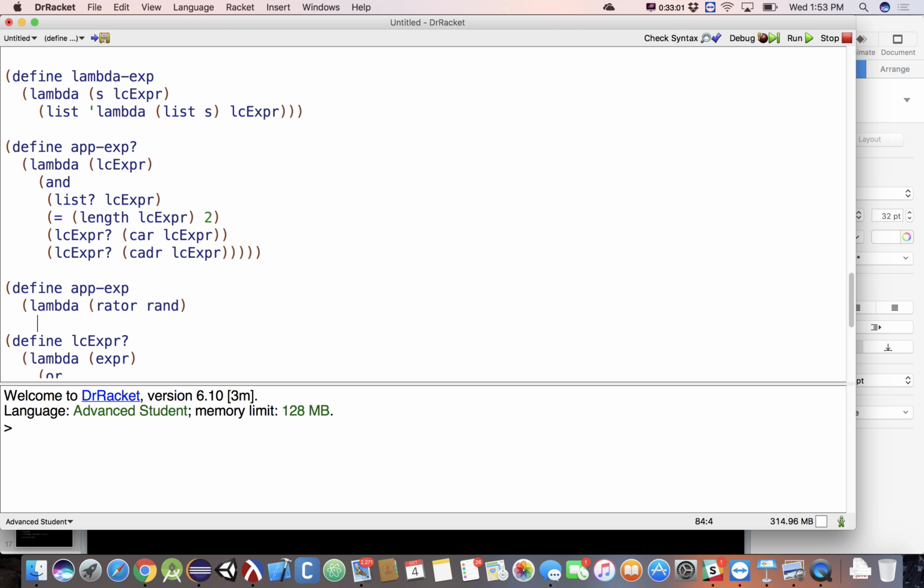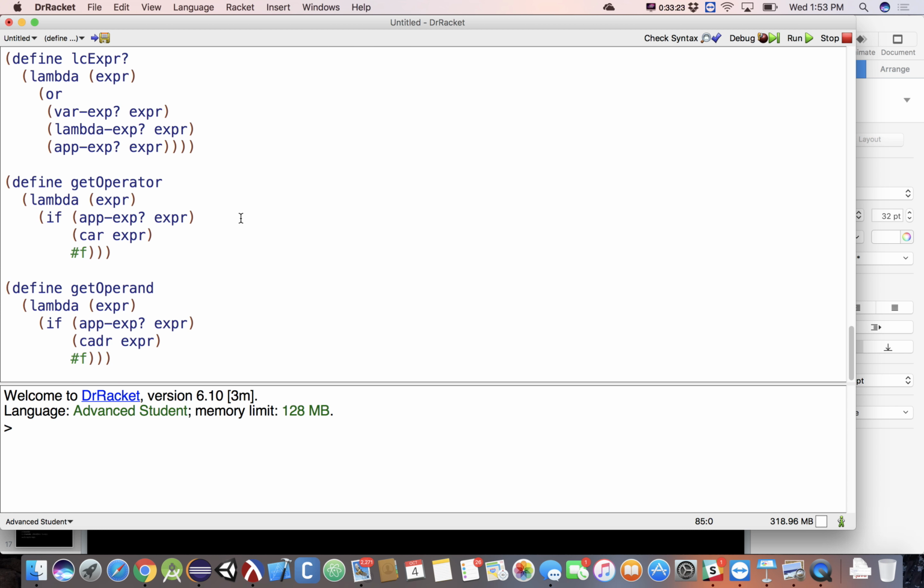Lambda calculus expression 1 is going to be our operator. Lambda calculus expression 2 is going to be our operand. And what are we going to do with those? We're going to throw them in a list: list, rator, rand. Like that. That make sense? All right.